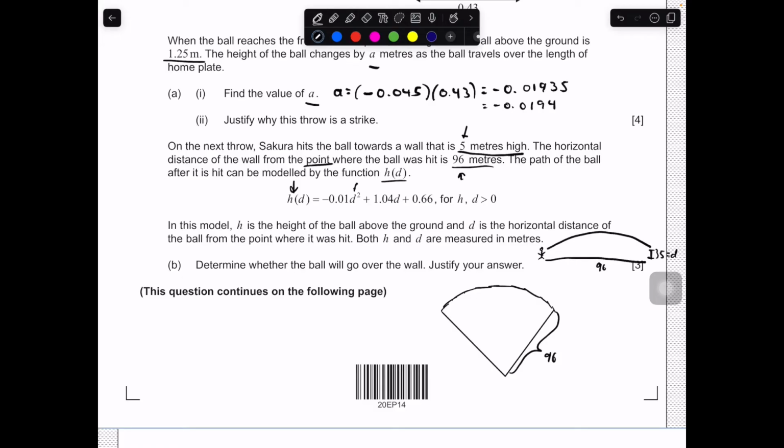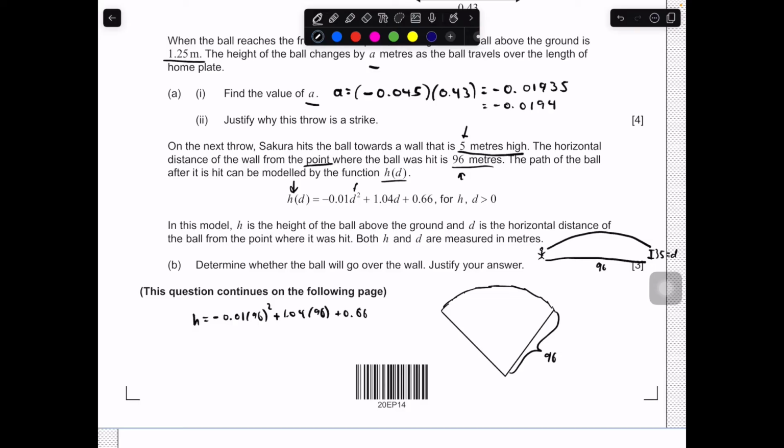So let's find out how high this ball is after it's traveled a distance of 96. This is negative 0.01 times 96 squared plus 1.04 times 96 plus 0.66. All right, let's go ahead and put that in the calculator.